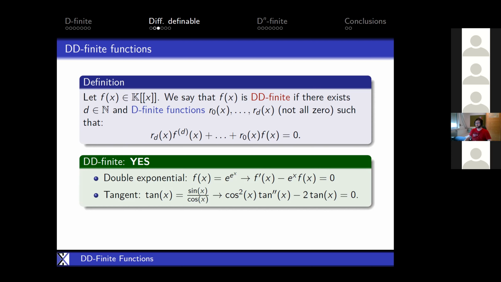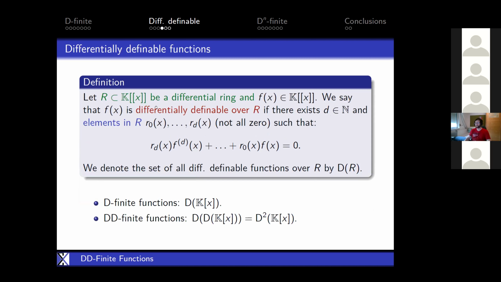So we put the bigger definition here: a function is differentially definable over a ring R, a ring that is contained in the formal power series ring, if it satisfies a linear differential equation with coefficients in this ring R. That's all we need. And we denote this set by D_R.